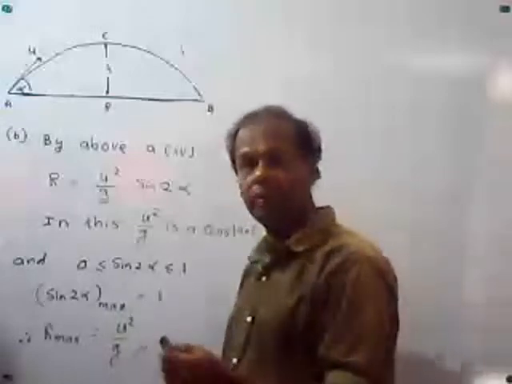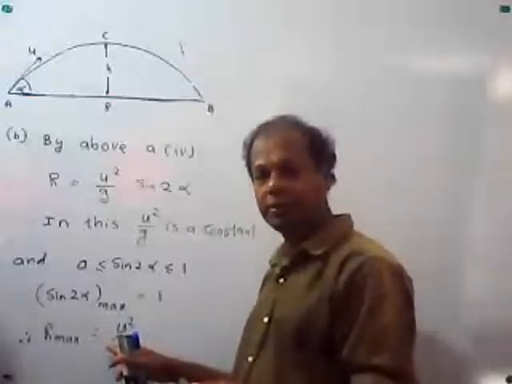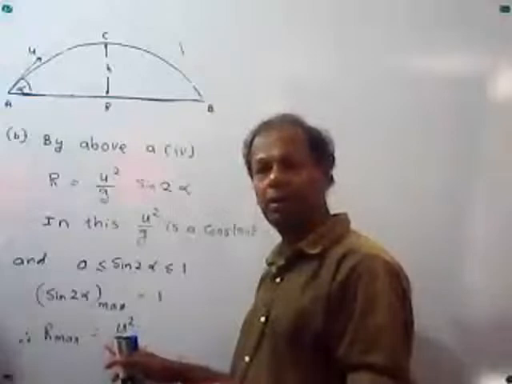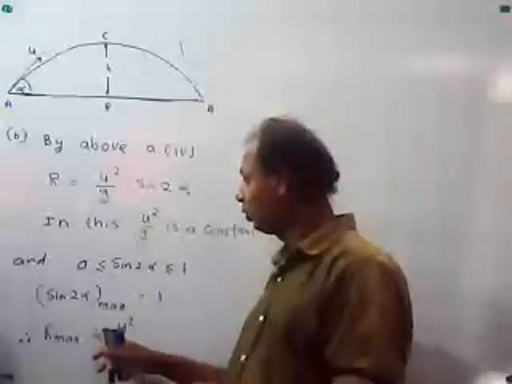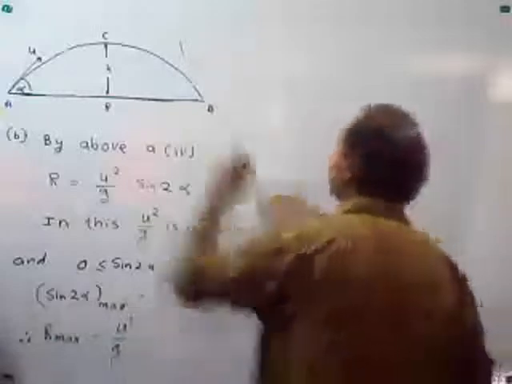And then you have to find the angle at which R is maximum. We know that R is maximum when sine 2 alpha equals 1.